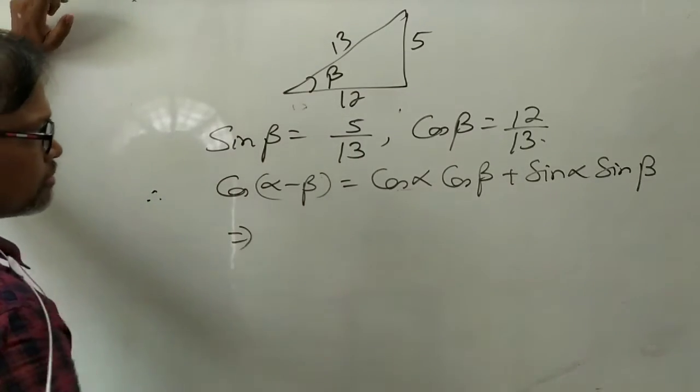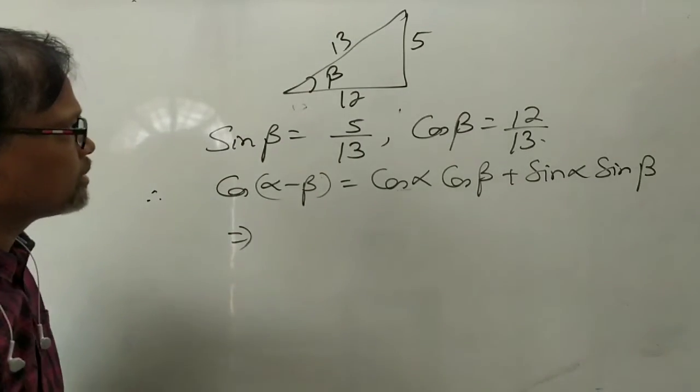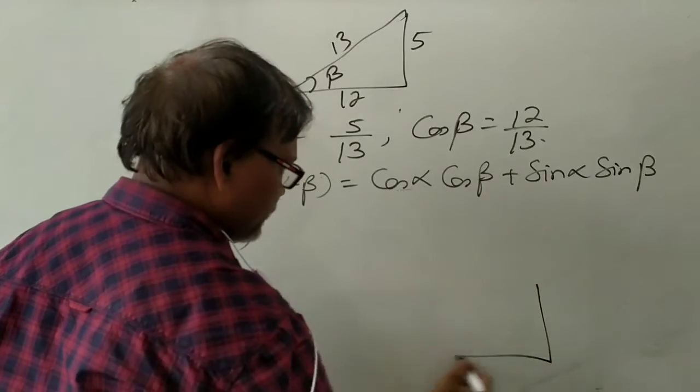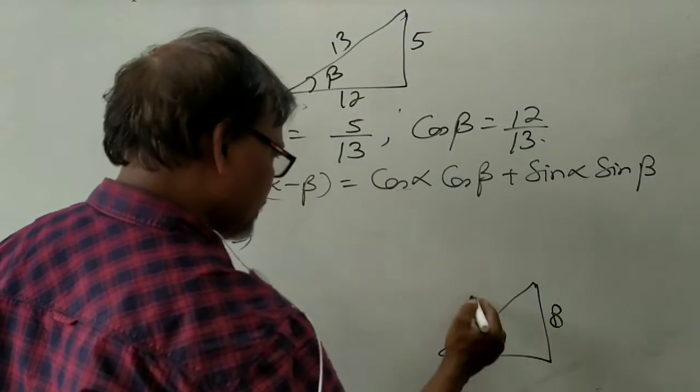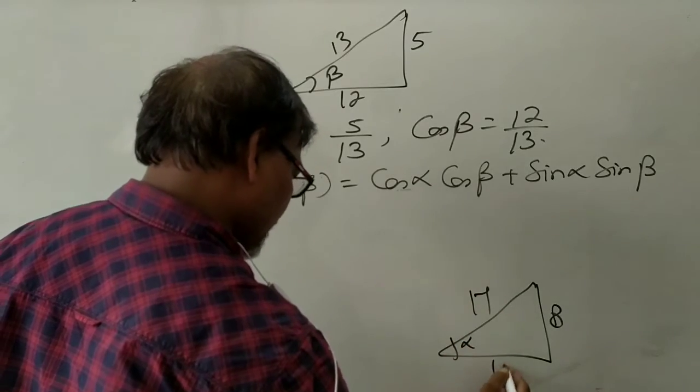Now the values, look, I have forgotten the value, so let me make it again. It will be 8/17, alpha, and this is 15.